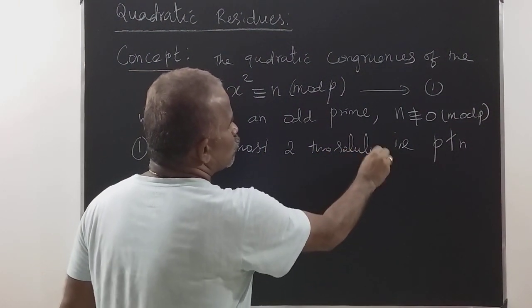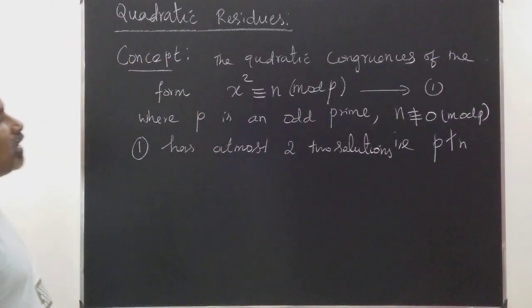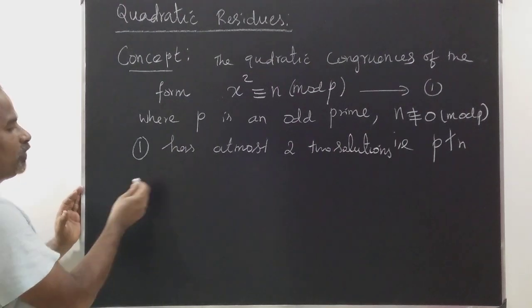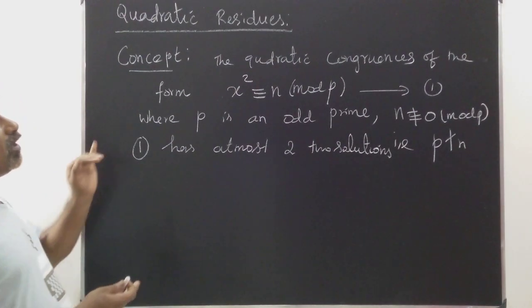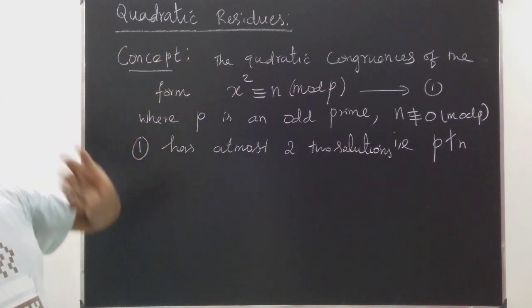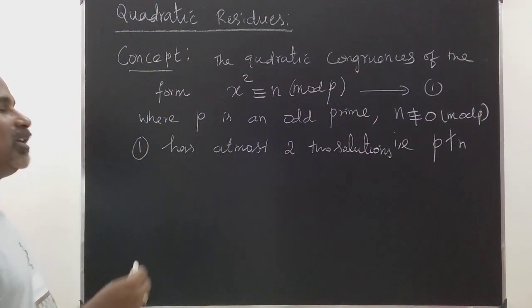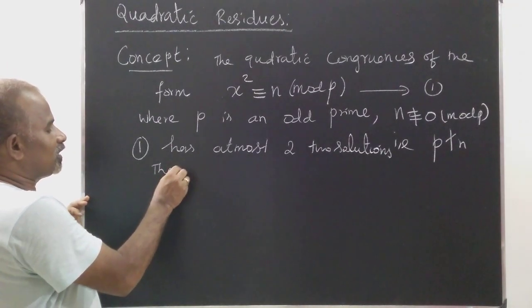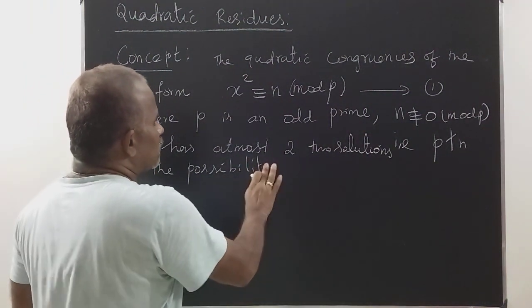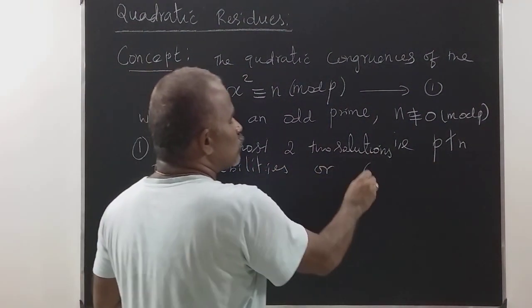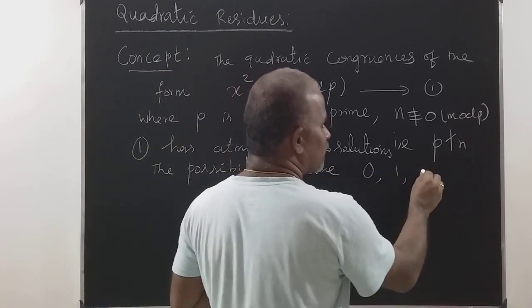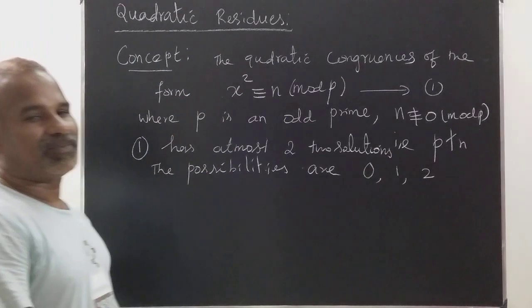At most two solutions means the possibilities are zero solutions, or one solution, or two solutions.